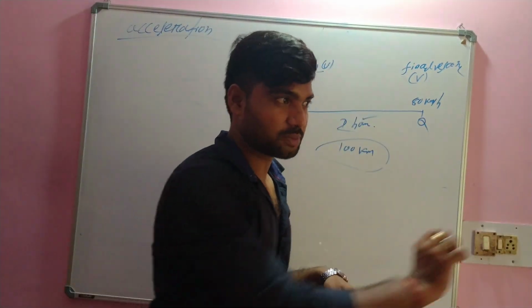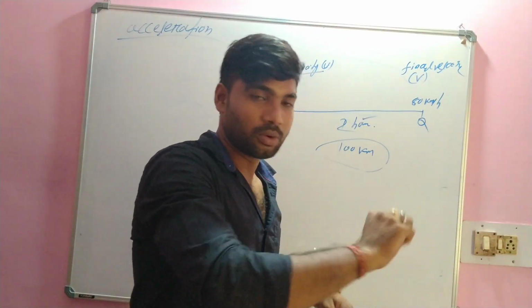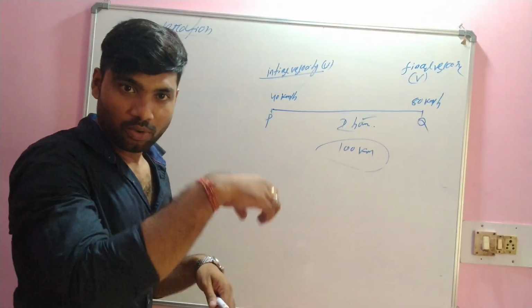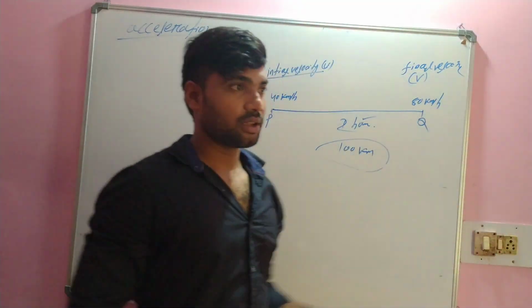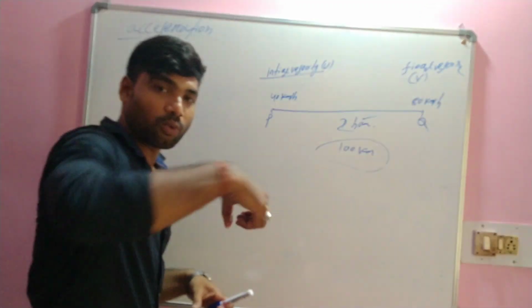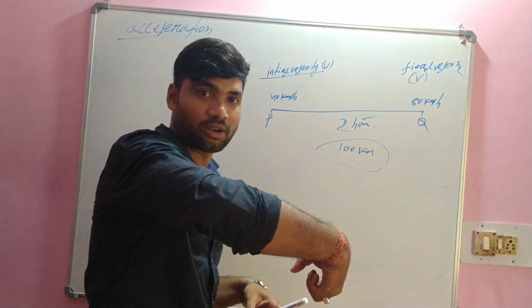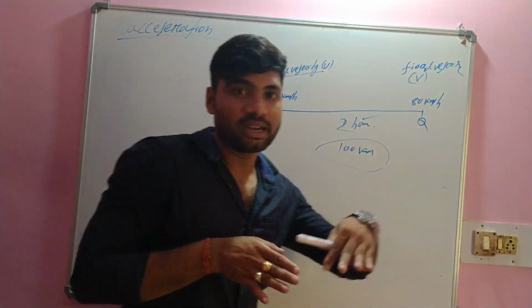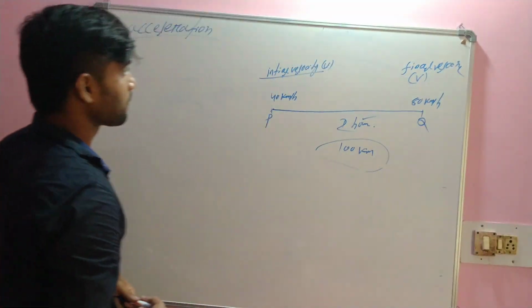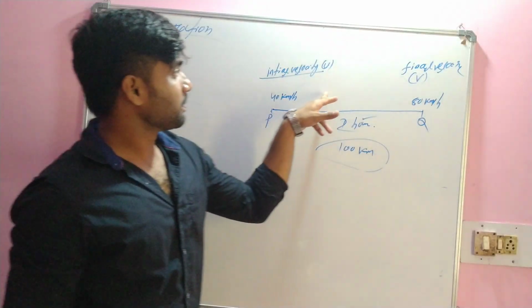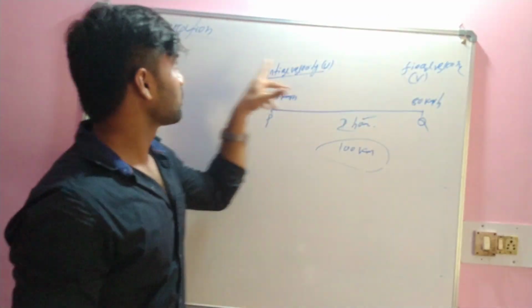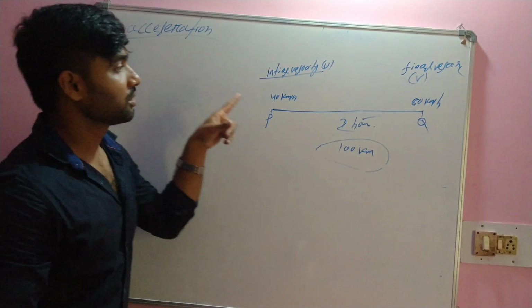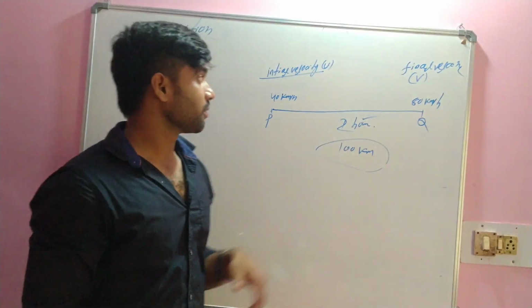When you change your speed, you have to roll down your accelerator to increase speed. And when you roll off the accelerator, your speed gradually decreases. So the change of velocity, change of speed per unit time, is called acceleration.